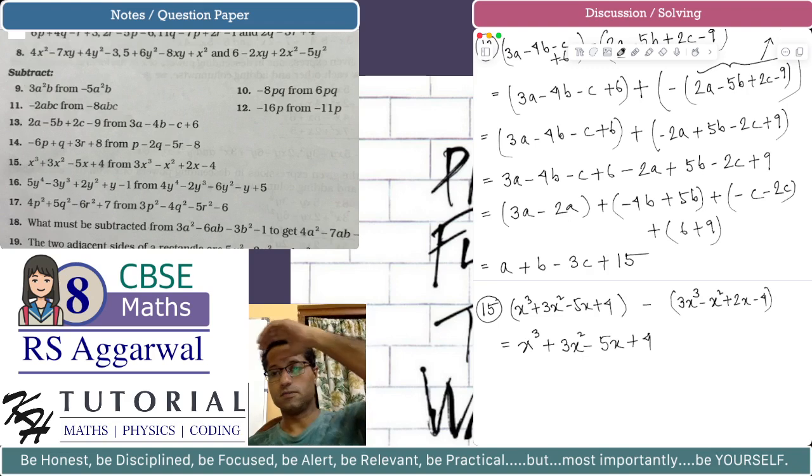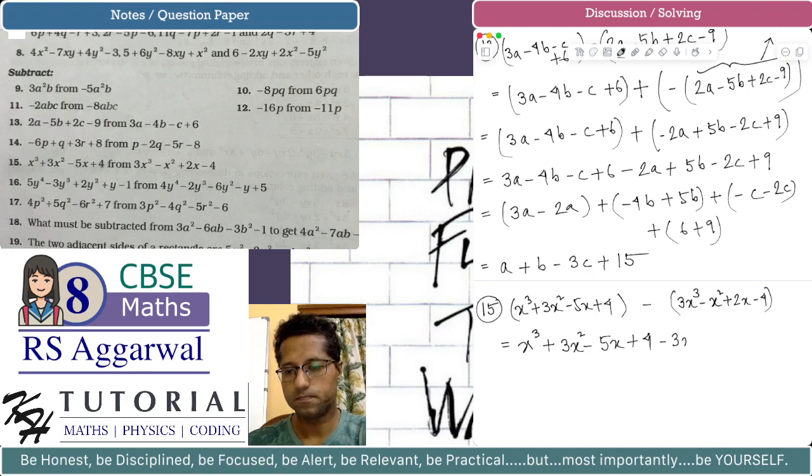But before the second expression's bracket we have a negative sign, so we open the bracket and change the sign of all its terms. 3x cube becomes minus 3x cube, minus x square becomes plus x square, plus 2x becomes minus 2x, and minus 4 becomes plus 4.